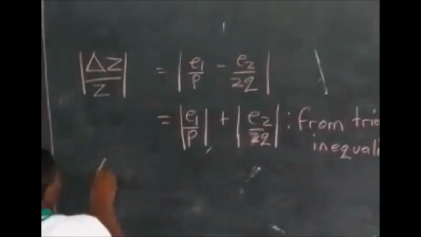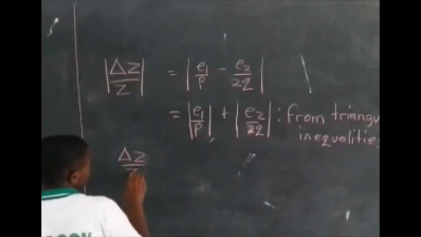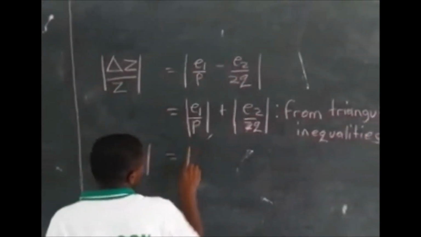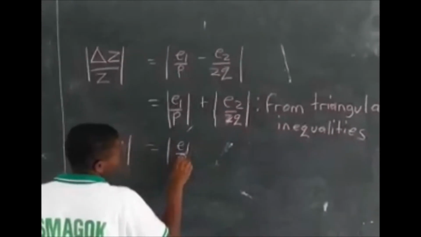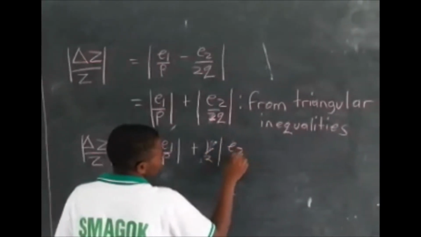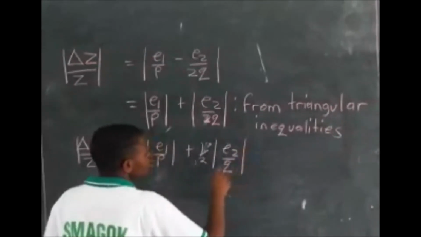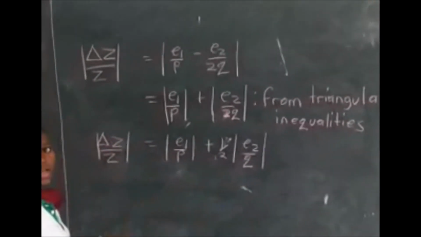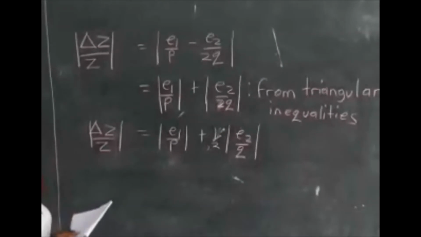This can as well be written as delta Z out of Z is equal to the absolute of E1 out of P plus a half E2 out of Q. Hence, this is our maximum relative error in P out of root Q as required.